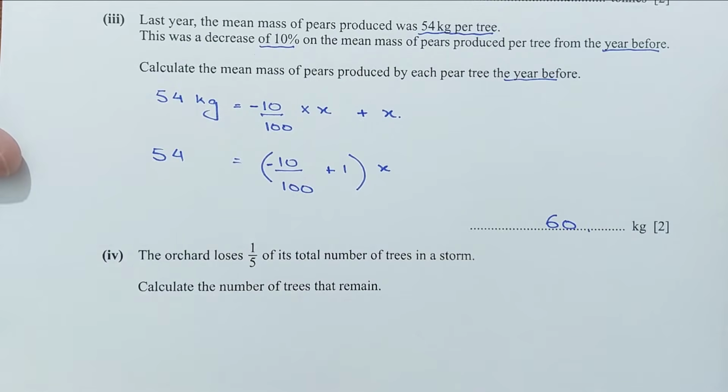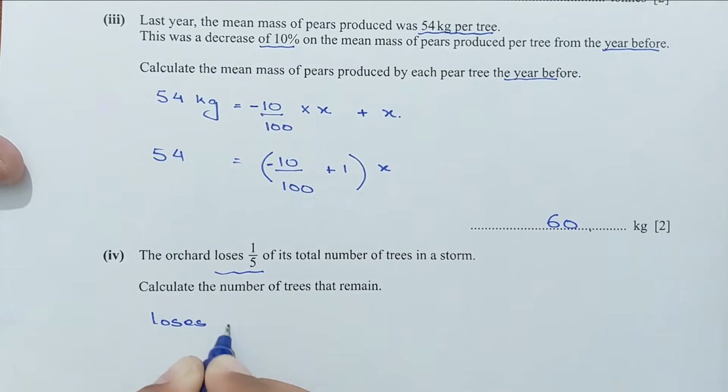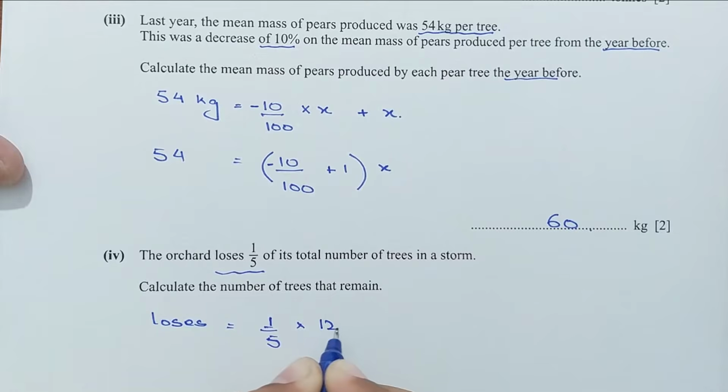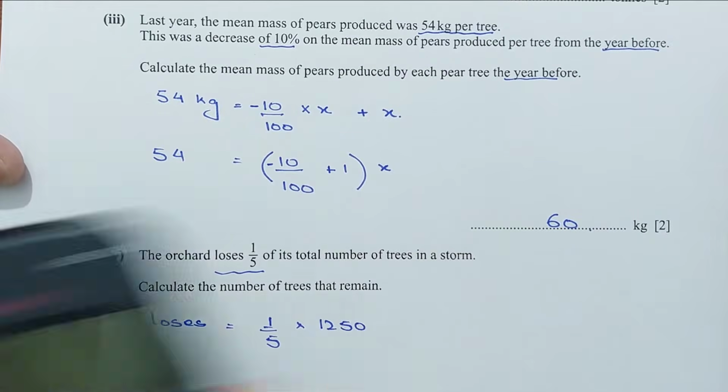Right, now for number 4, the orchard loses 1/5 of its total number of trees in a storm. Calculate the number of trees that remain. So the orchard loses 1/5 of its total trees, right?